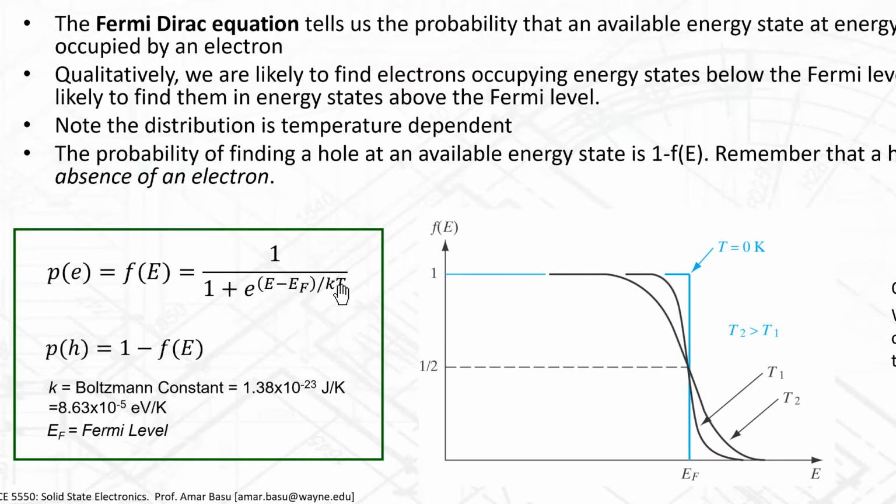So when T is actually equal to 0, you won't be able to solve this formula mathematically. But if you take the limit as T goes to 0, then you'll find that the Fermi function starts looking more and more like a backward step function. As you go to higher temperatures, the transition from 1 to 0 becomes more gradual.